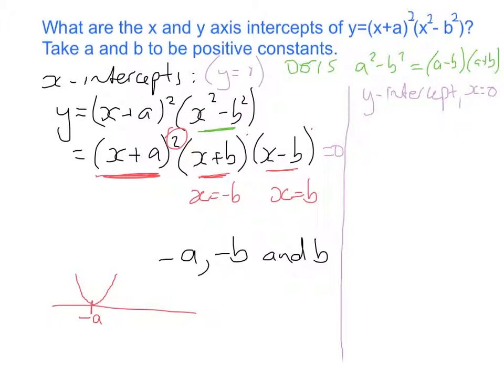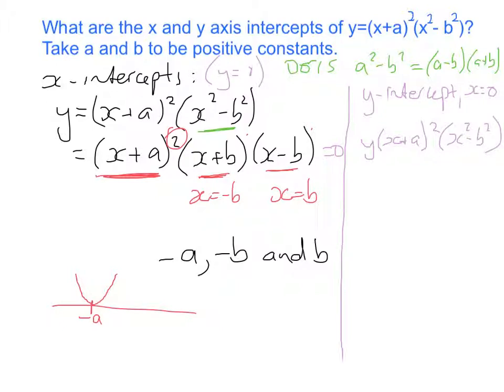For the y-intercept, we have x equal to 0, so we take the one at the very top, y equals x plus a, all squared, times x squared minus b squared.